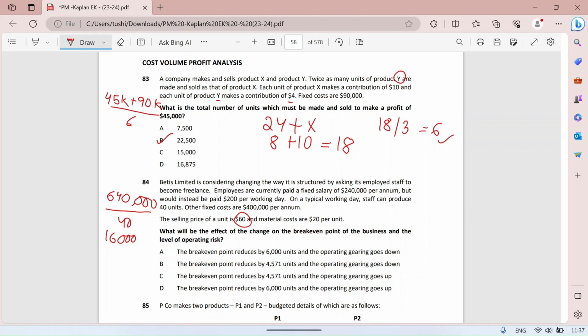So my new contribution is $60 minus $20 and minus how much my staff is making every day. They will be paid 200 and they will be making 40 each day. So 200 divided by 40 will give you $5. So my new contribution comes out to be $35.